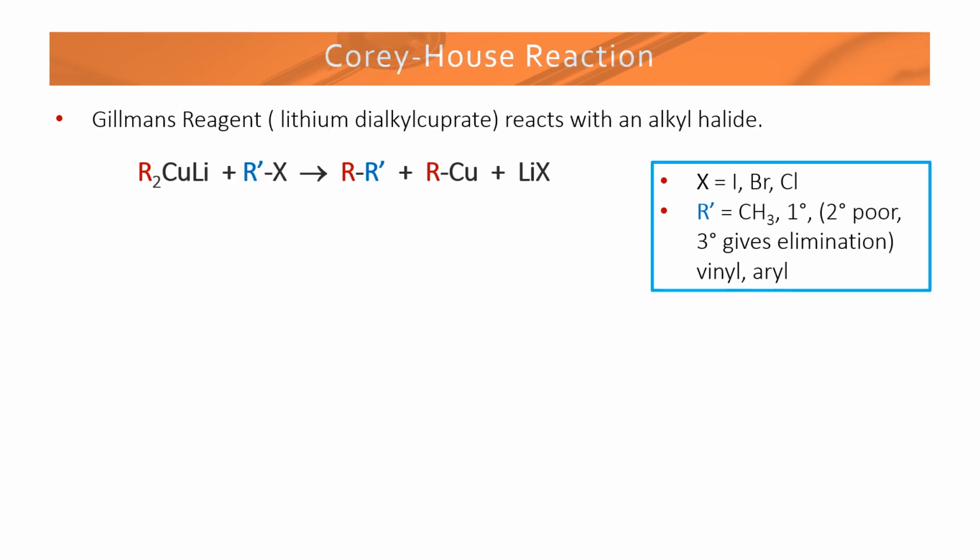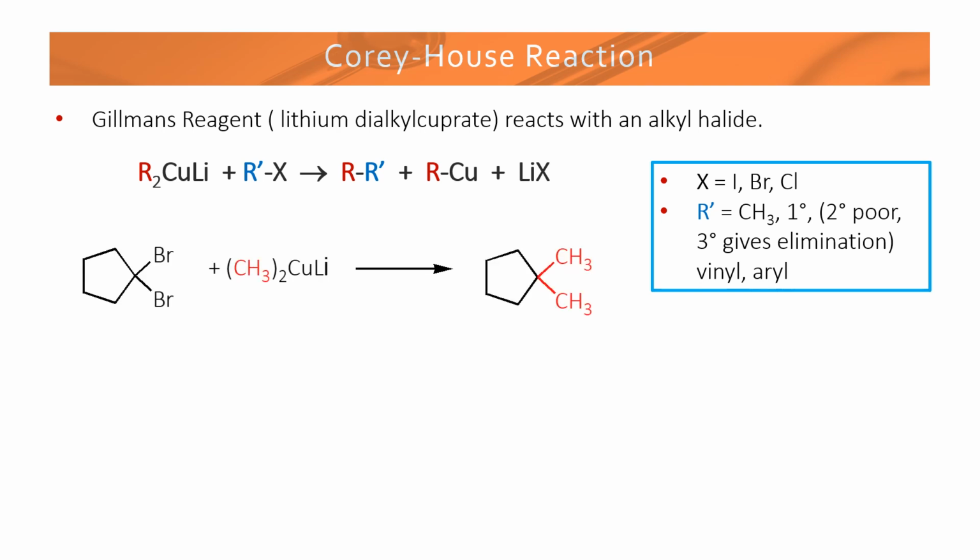The coupling reaction that occurs is the Gilman reagent with an alkyl halide. And in this case, you can see that we have here a methyl species reacting with an alkyl halide, and we literally replace the halide.